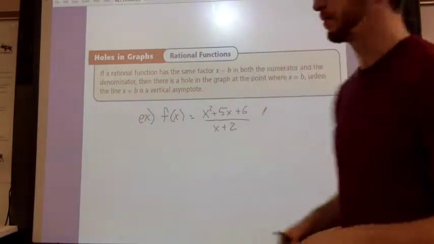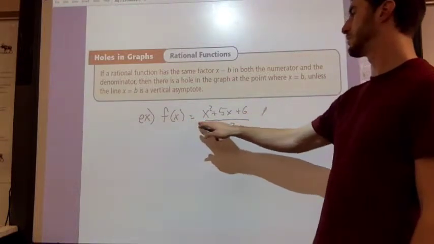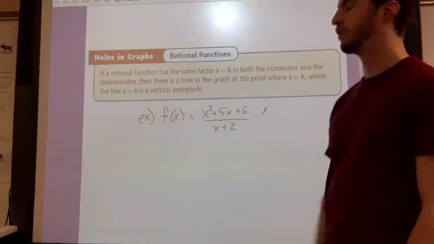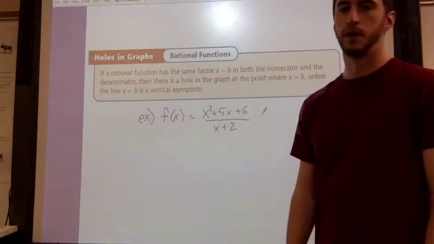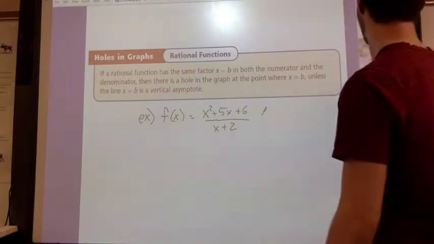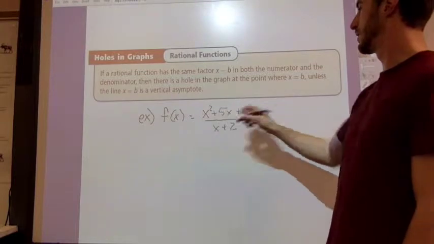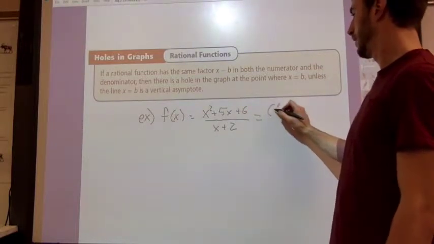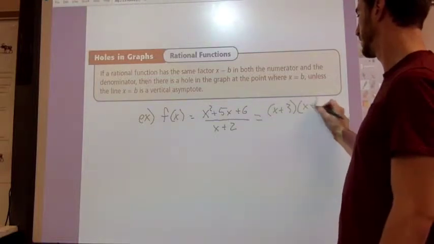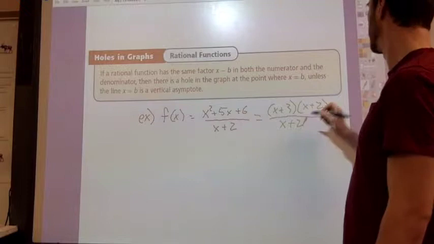So let me give you an example. Let's say we've got this function here, f of x equals x squared plus 5x plus 6 over x plus 2. And so the first thing you're going to do is simplify that. So this factors to x plus 3 times x plus 2 over x plus 2.